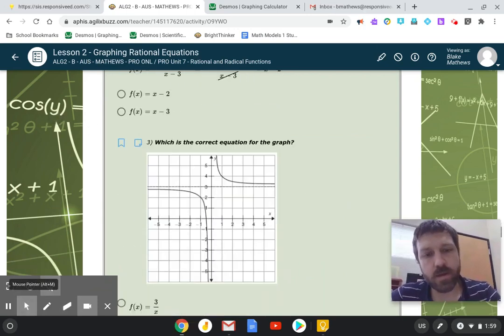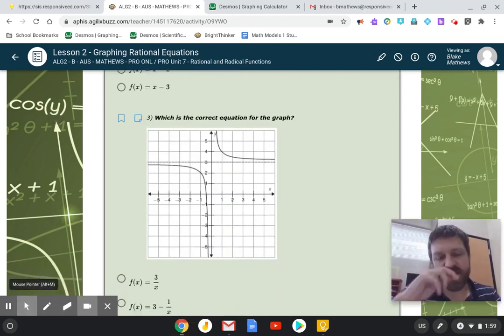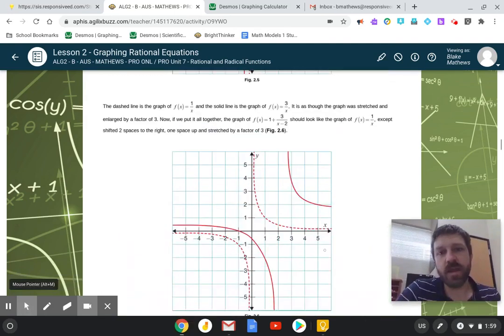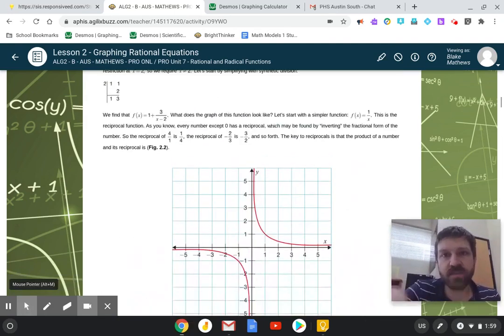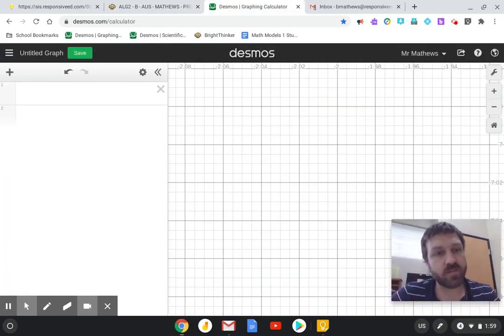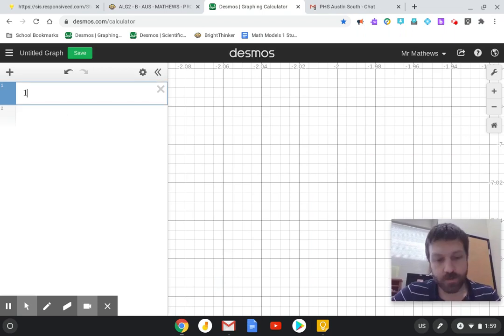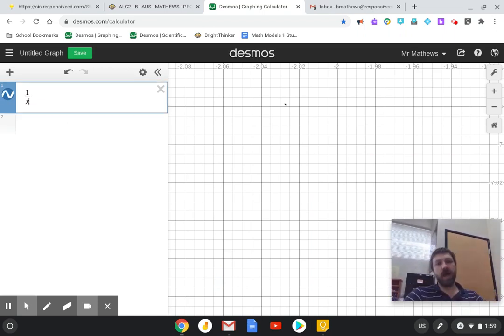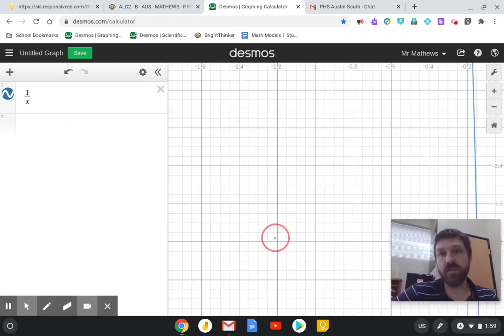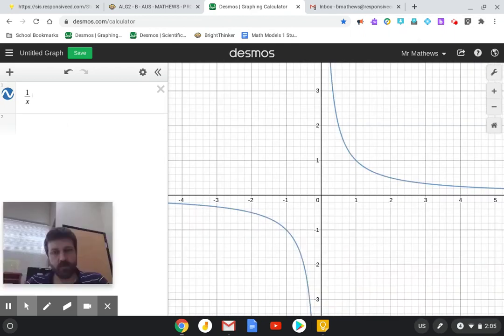So let's keep going. Now we get into the second type of graph and second kind of concept that they want us to know, and that is how to take the basic, what we call the parent function of 1 over x. Let me graph that on here. And ask the question, what happens when the graph of 1 over x is changed in certain ways?